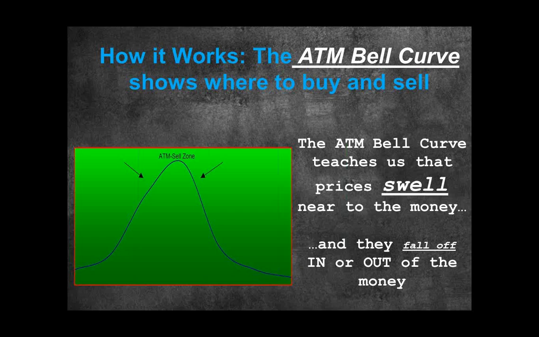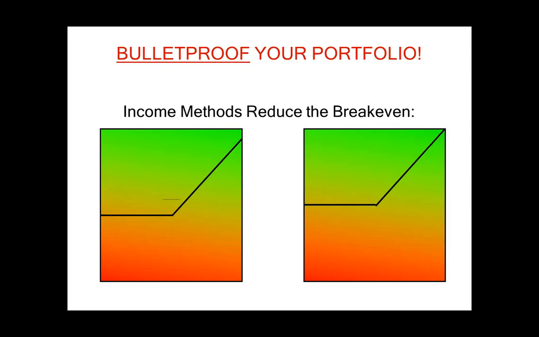We use the advantageous pricing of the puts, and were able to reduce the break-even. When you reduce the break-even, that's the difference between what you spent and where you can get out. Okay, there's the break-even. We can reduce that break-even by doing the income methods.